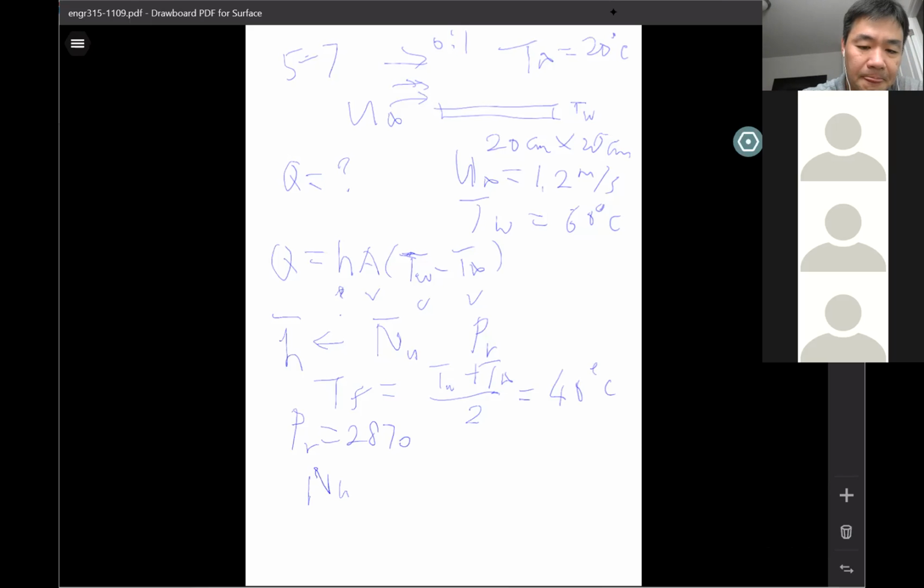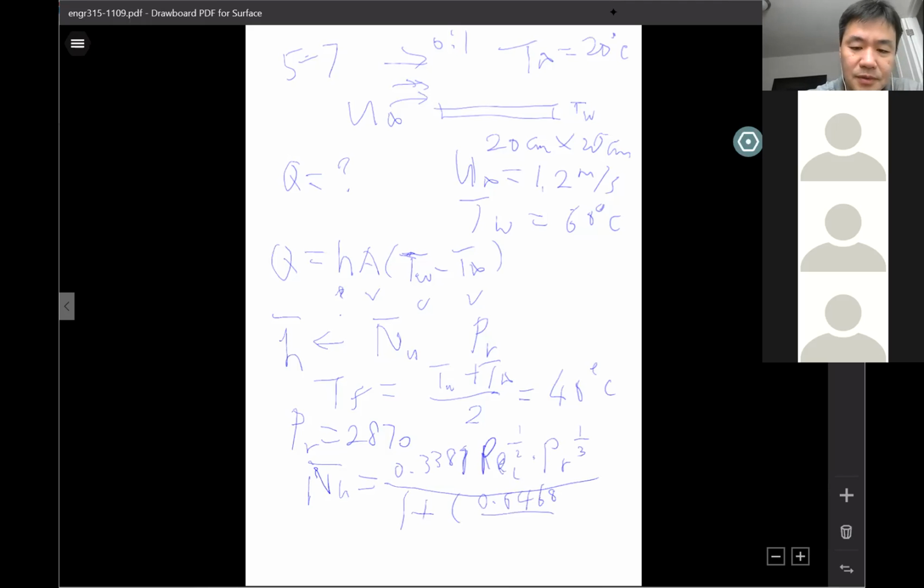We use the total length to get the Nusselt number: Reynolds number to the one half times Prandtl number to the one third, divided by 1 plus 0.0468 over Prandtl number, to the 2/3.